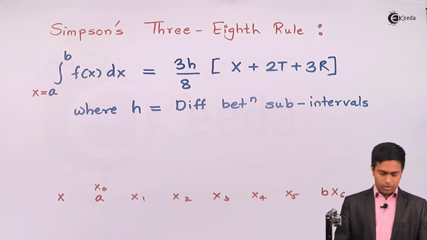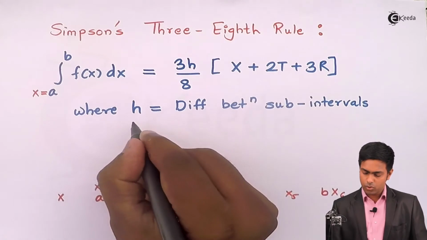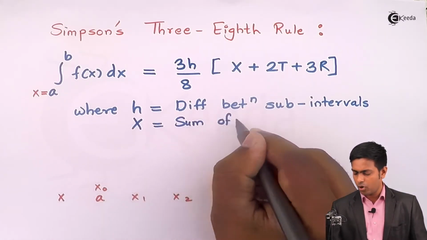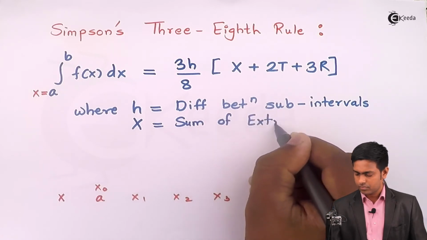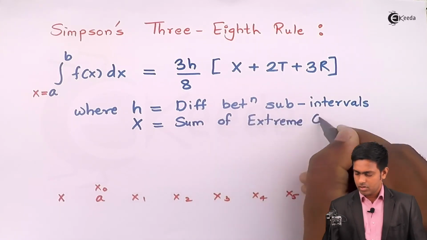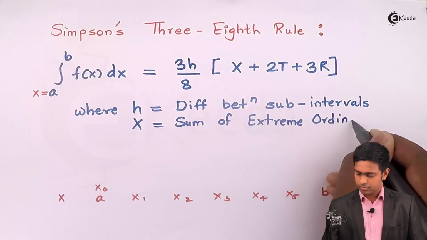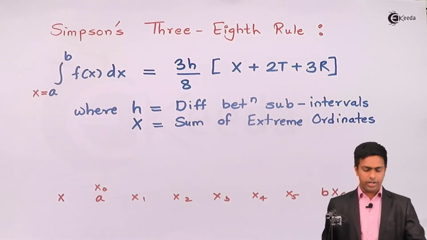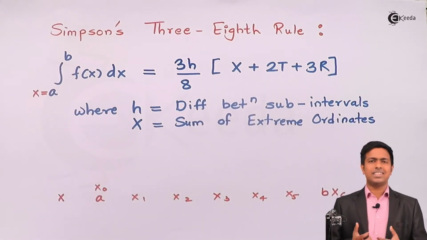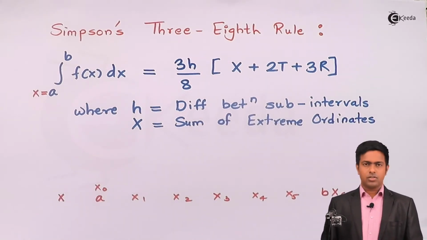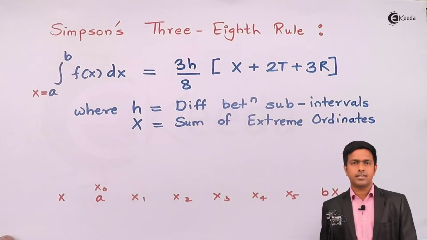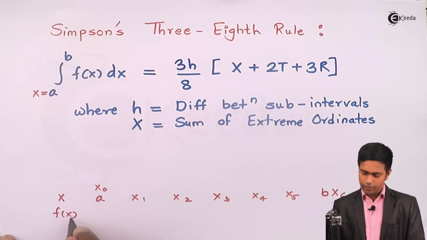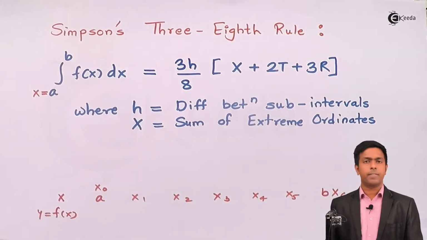Next, what is x? So x is nothing but the sum of extreme ordinates. Now what is the meaning of extreme ordinates? An ordinate is nothing but the y coordinate. For each value of x, we find the value of f of x, and that value of f of x is our y.